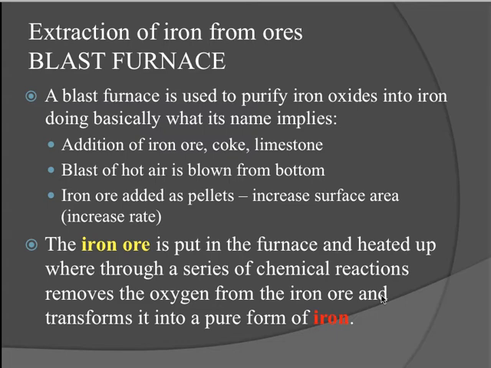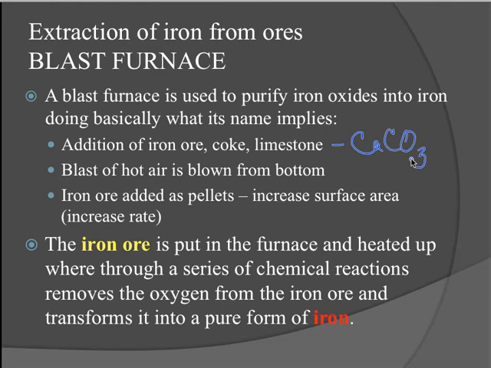All right, so we're going to talk about the function of a blast furnace. This is used to purify iron oxides into iron, and really doing what its name implies. It involves the addition of iron ore, coke, and limestone. Limestone is just a common name for calcium carbonate.